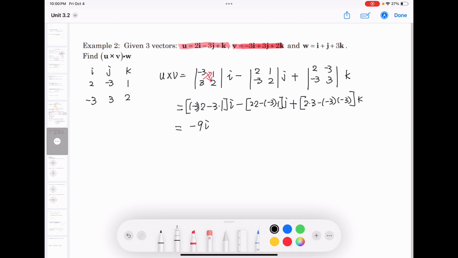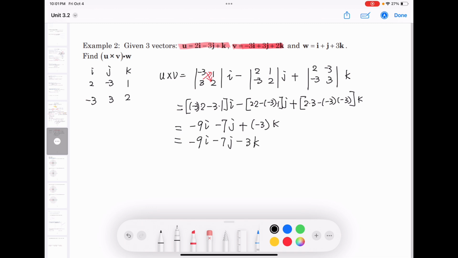And then second bracket, we have 4 plus 3 is 7, minus 7j, then plus what? Okay, let me pause the video. The last bracket, we have 6 minus 9 is -3, -3k. So simplify, we have -9i minus 7j minus 3k.